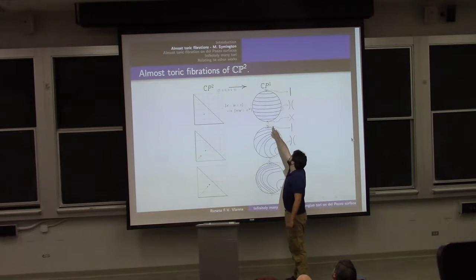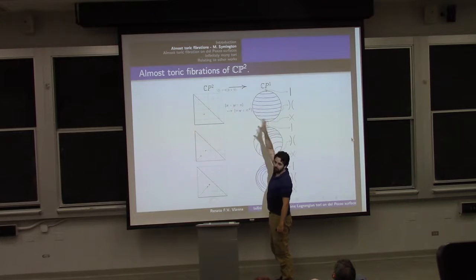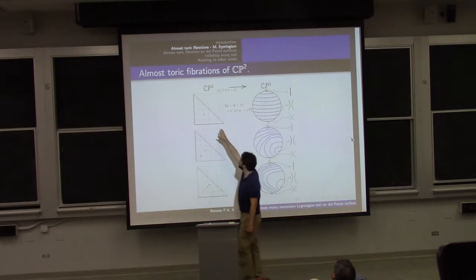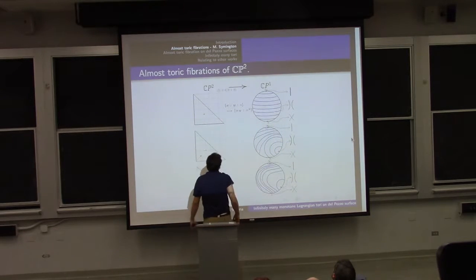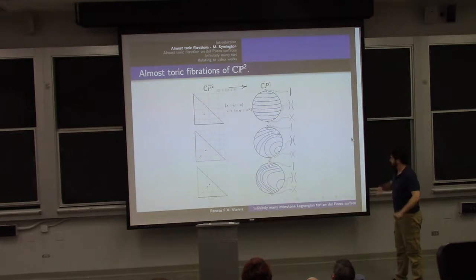If you take this basic one, on the base we also have this S1 action, and then we will actually induce a torus action on the Lagrangians in CP2, and this is precisely the torus fibration given by the standard torus action on CP2.